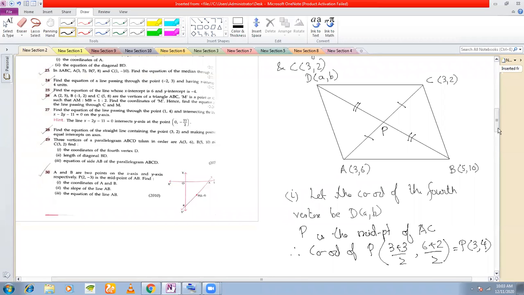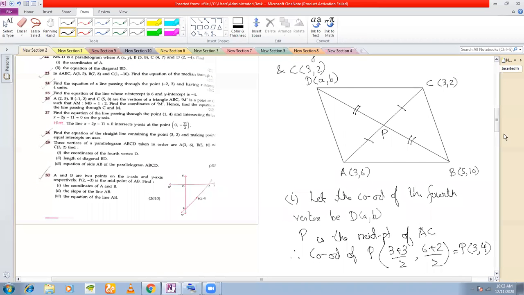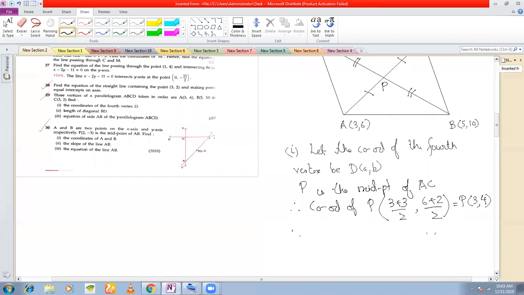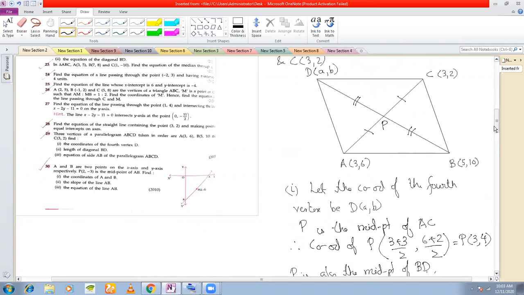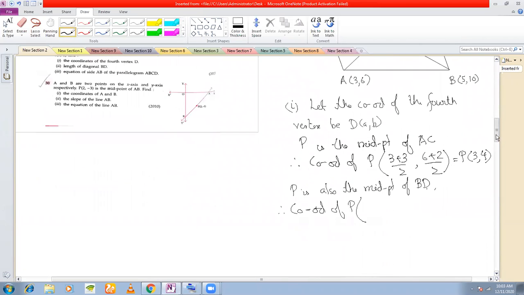So we've got the coordinates of P. Also, P is the midpoint of BD. Therefore, the coordinates of P are: add up the x coordinates, add up the y coordinates, divide them by 2, so A plus 5 by 2, B plus 10 by 2.